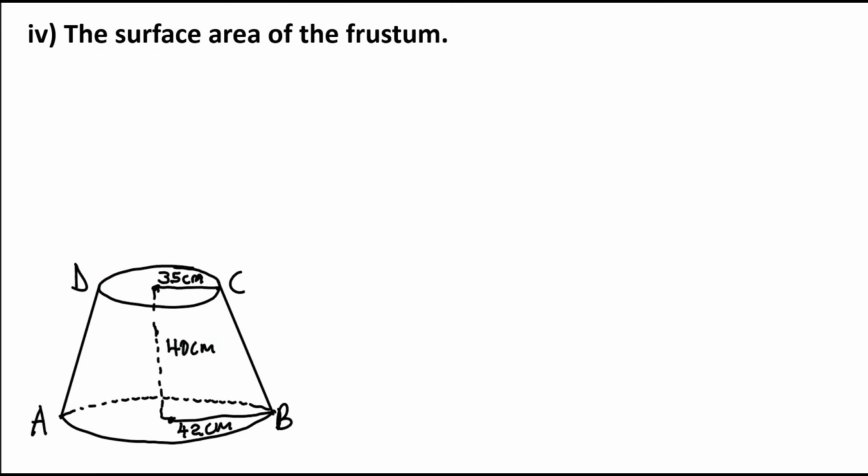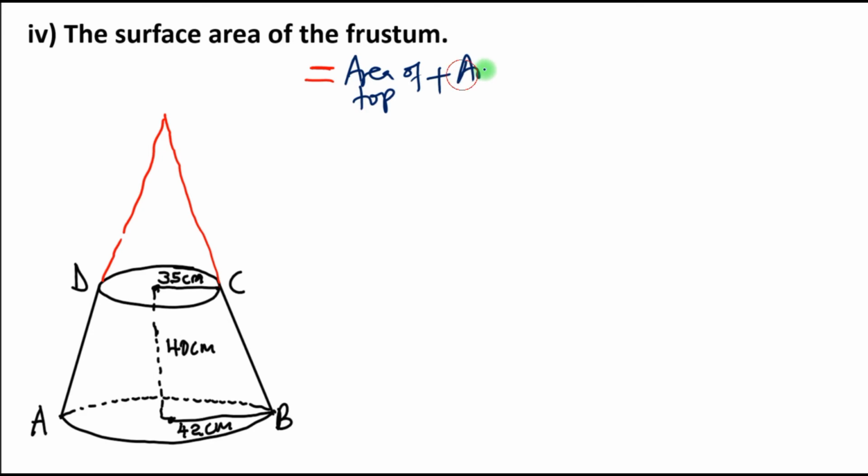So the surface area of the frustum will be given by the area of the top plus the area of the bottom plus the curved surface area.